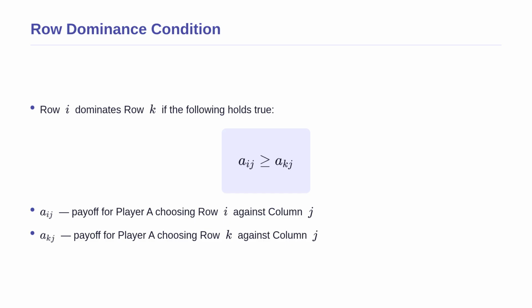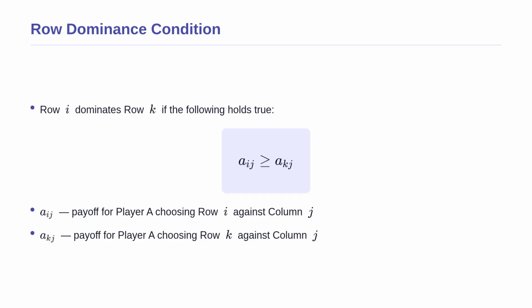This logical choice we just discussed can be written mathematically. The formula states that row i dominates row k if A_ij is greater than or equal to A_kj for all possible columns j. Let us break down where this comes from. The variable A_ij represents the payoff for player A choosing row i while the opponent chooses column j.